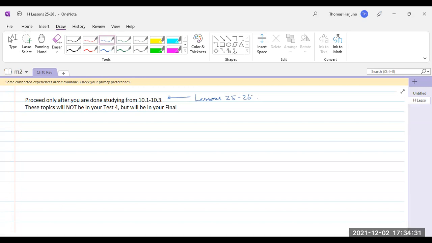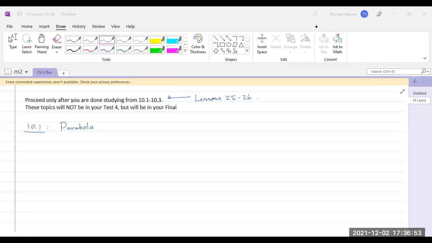Before we really start, let's review a little bit. 10.1 is on parabola. Give me a second. Now, parabola has the following pattern.